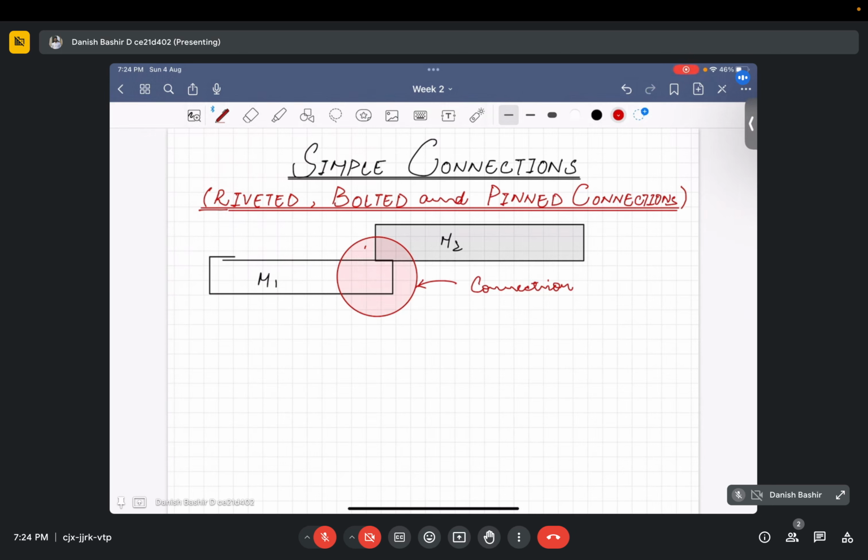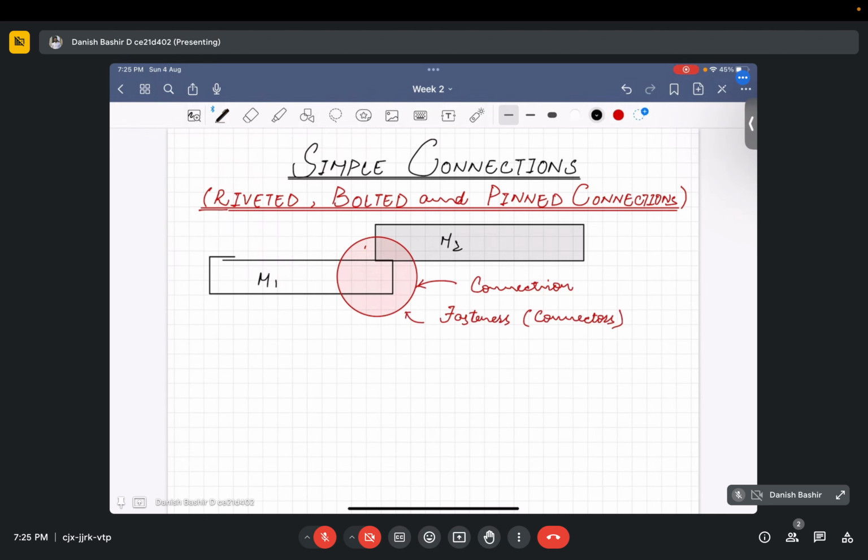These connections are made by using things which are known as fasteners or connectors. We use fasteners or connectors for connecting two different members. Members can be of any type.